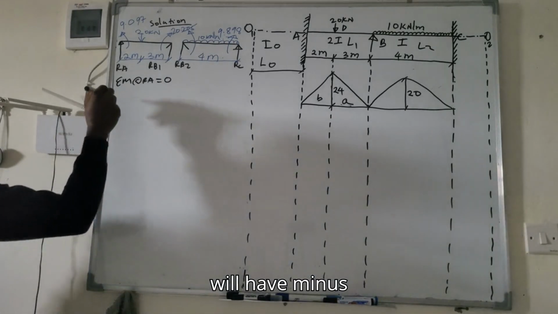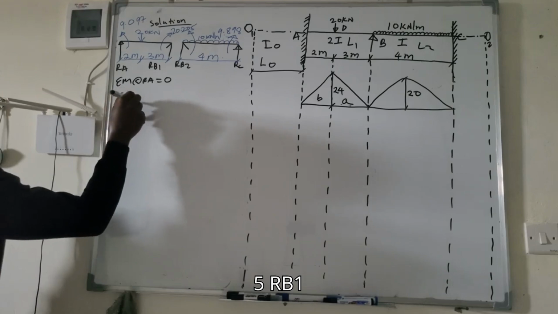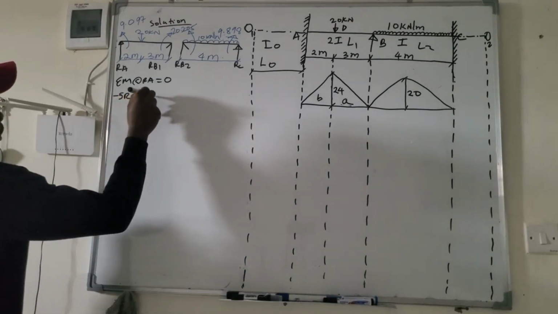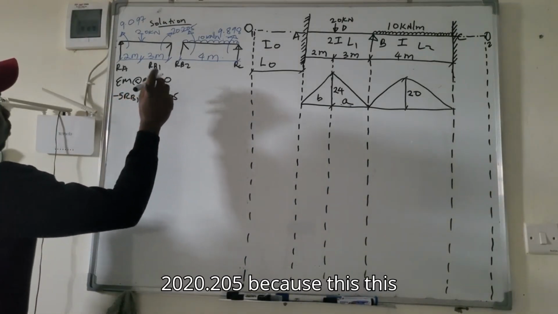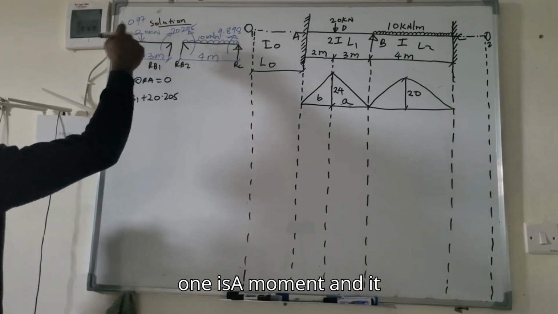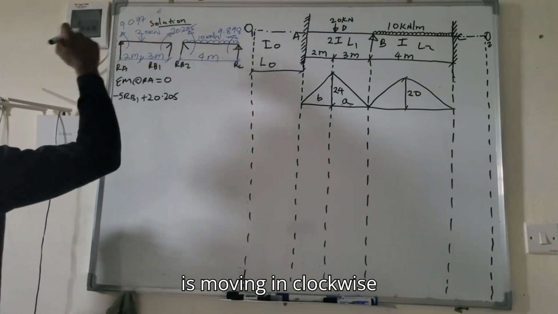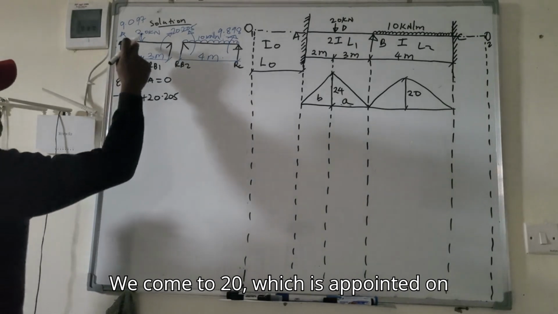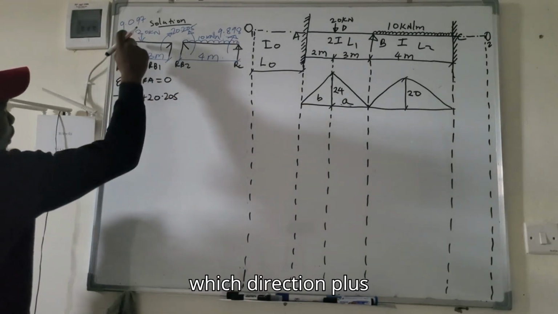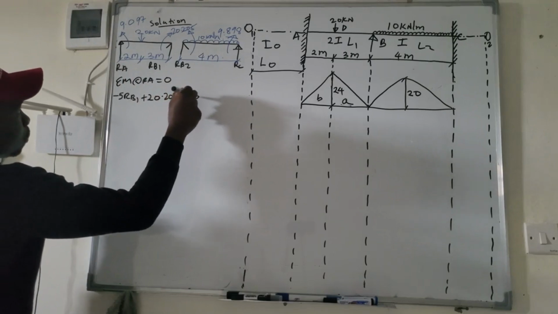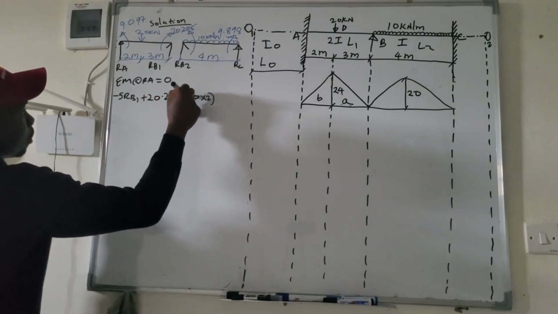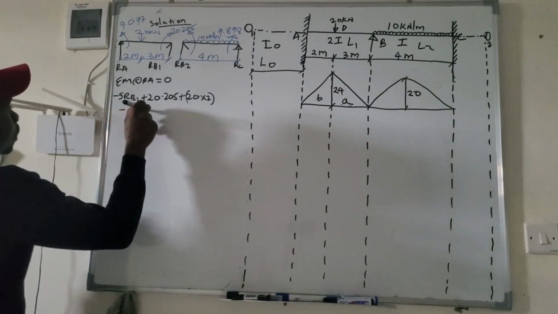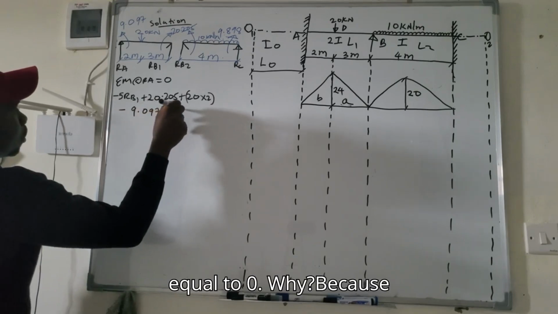So we will have minus 5 RB1 plus 20.205, because this one is a moment and it is moving in clockwise direction. We come to 20, plus 20 times 2, and then minus 9.097 equal to 0.